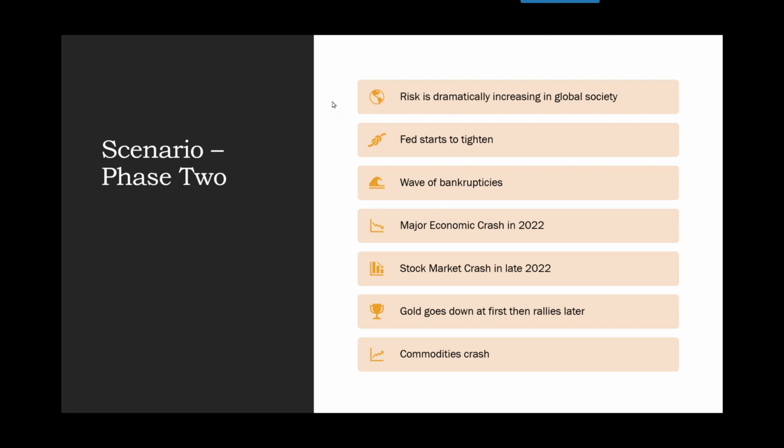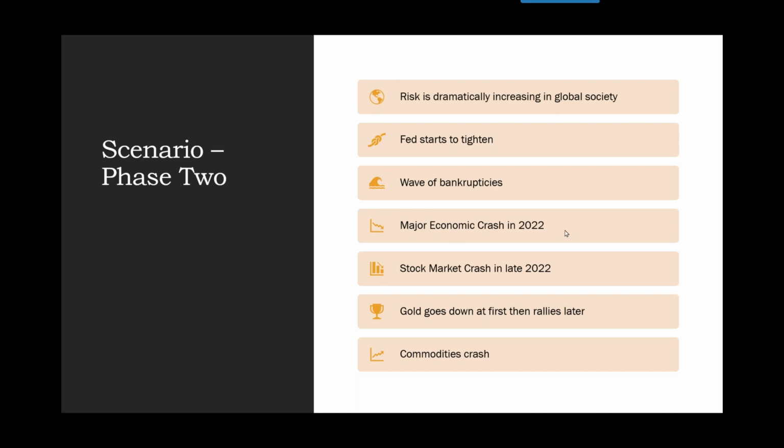And since every country is dramatically easing monetary policy, risk is increasing around the world. At some point, probably next year, the Fed will start to tighten. And that will create a wave of bankruptcy, because all of the borrowing that was done based on zero interest rates now becomes uneconomic at even 2%.